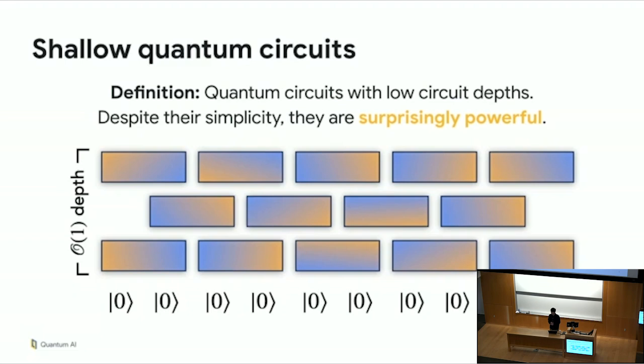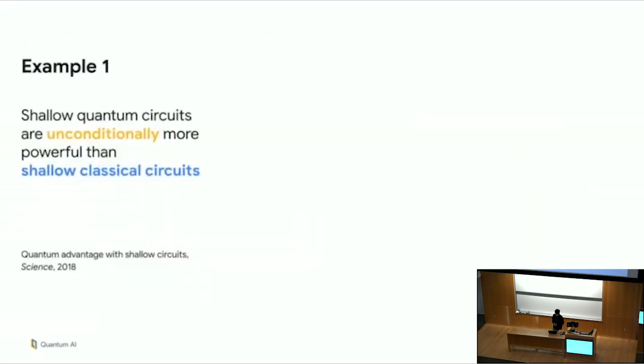For now, I'm going to provide a brief review of some of the results that people have known about shallow quantum circuits. The first example was due to this paper called Quantum Advantage with Shallow Circuits, published in Science in 2018. In this work, they proved that shallow quantum circuits are unconditionally more powerful than shallow classical circuits.